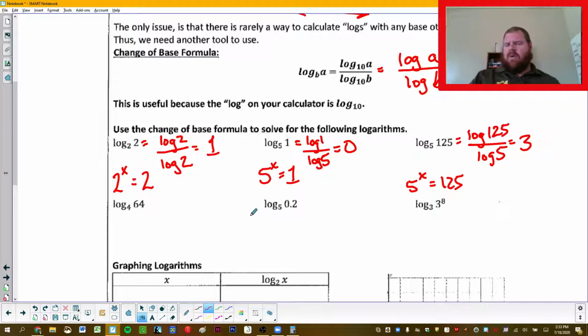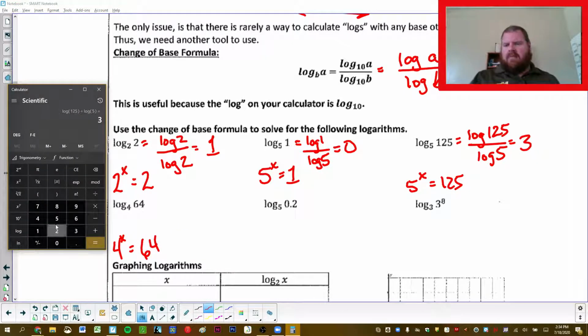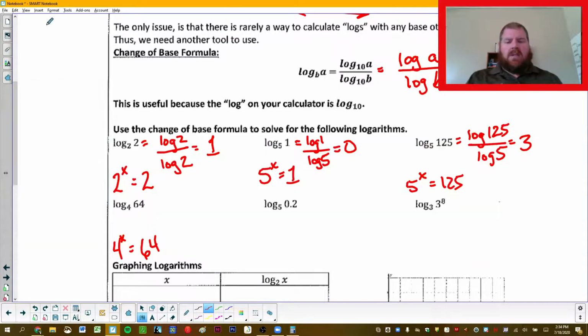I tried to stick with whole number answers here as best as we could. And I do like seeing what it kind of means in the exponential world. This one is saying 4 to what power is 64. And again, maybe you can guess that. If so, cool. But I'm going to do log of 64 divided by log of 4. And it again is the third power, or the answer is 3.